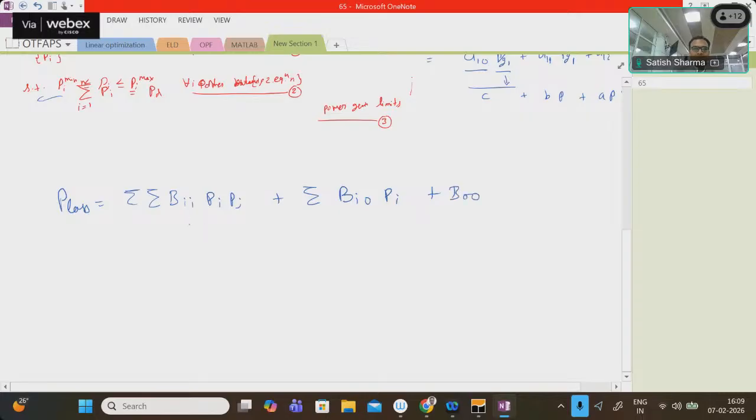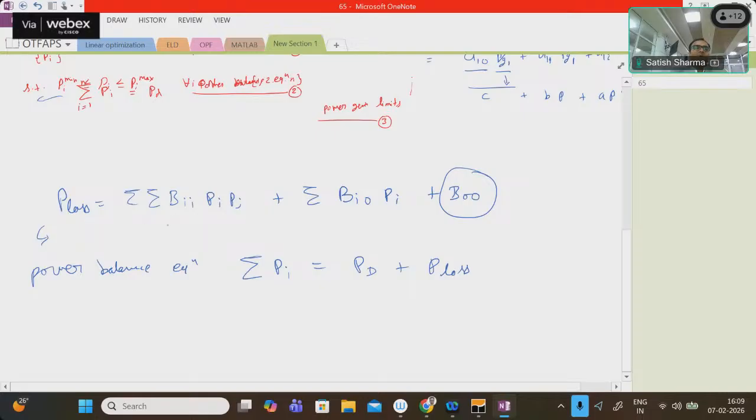So this was the loss function, and this loss function will go in the power balance equation. And that was like summation of power produced should be equal to the power demand plus power losses. Okay, so this is just losses.